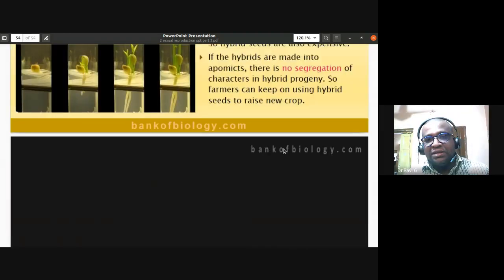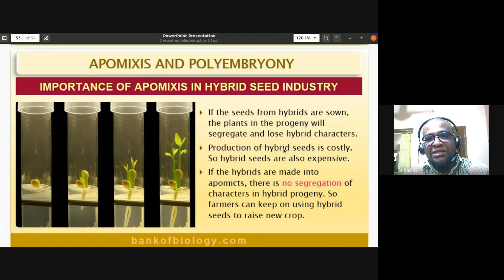So this completes our discussion on sexual reproduction in flowering plants, and all this syllabus will be included. The chapter sexual reproduction in flowering plants will be completely included in your test tomorrow. It will have 50 marks from biology, 20 marks from physics, 20 marks from chemistry.